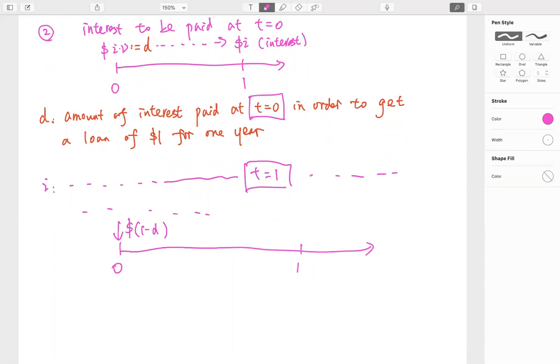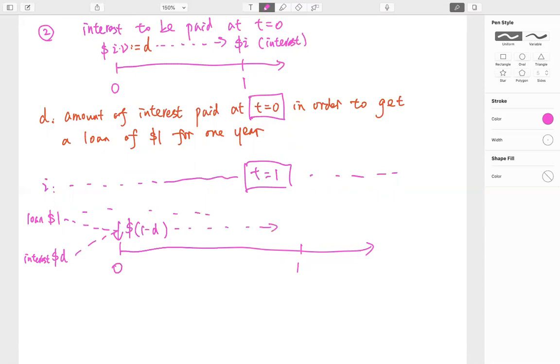So if we break this, $1 is what you borrow. So it's the loan side, the principal. D is the interest. It's like you prepay your interest at time 0.